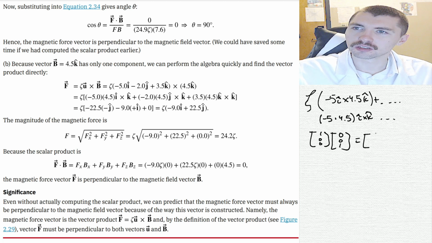We should get 0, 1, 0 because this is i, this is k. If I recall, i cross k should be j hat. So let's do it.